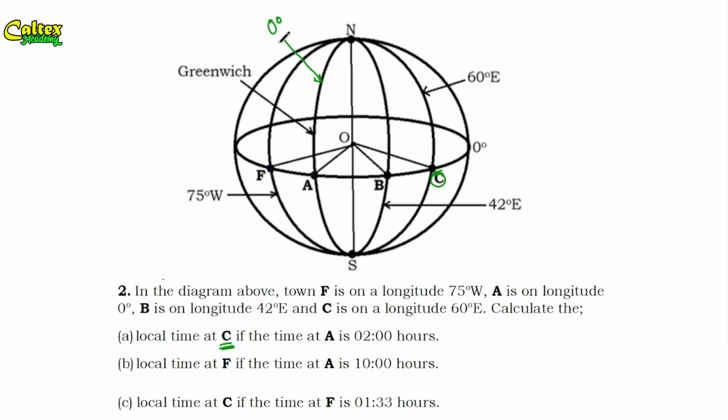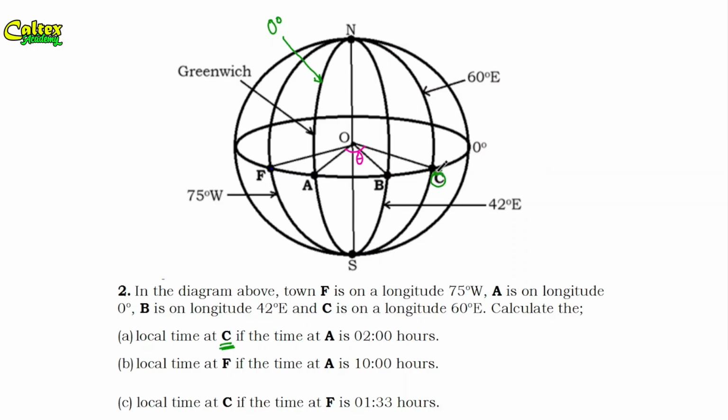So what we have to do is to get the time difference between A and C, because A is our reference point at 0. So if I have this angle as theta, angle theta is the difference between the two longitudes at which C is and A is. So how do you get this angle difference?